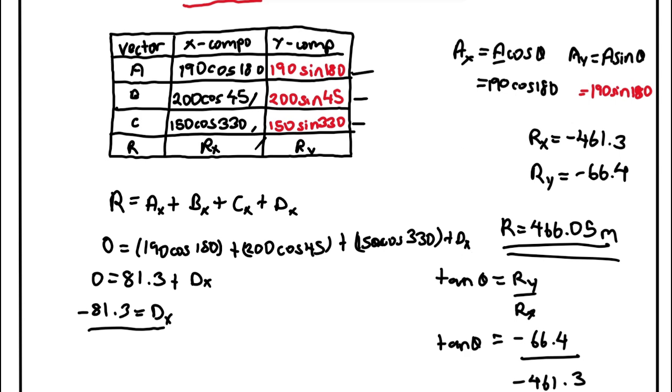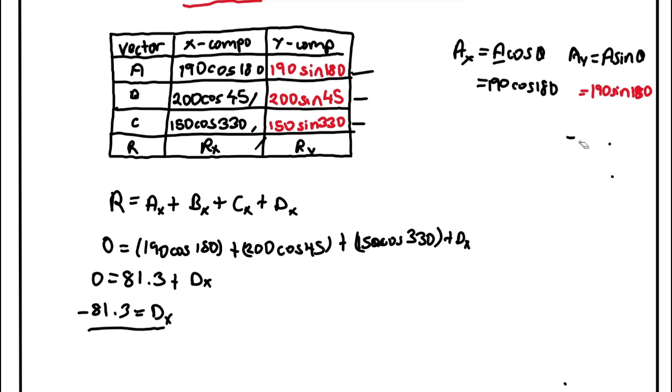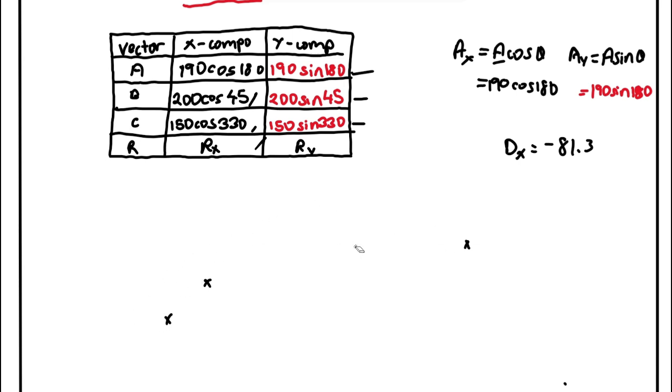We have to do the same thing for the y component. Ry is equal to AY plus BY plus CY plus DY.